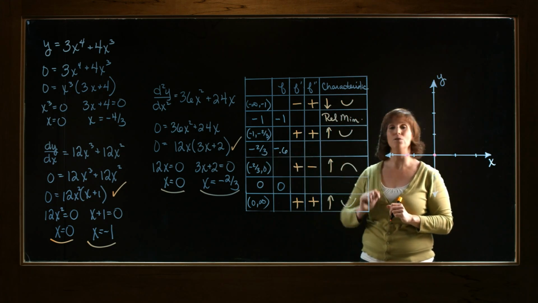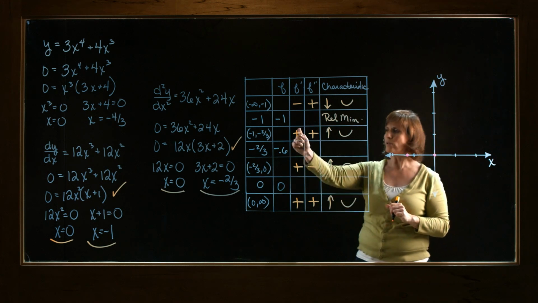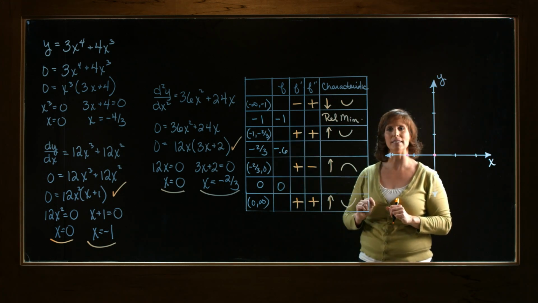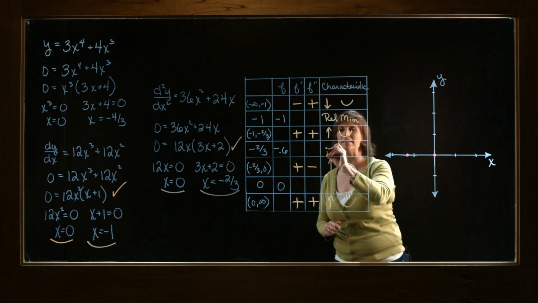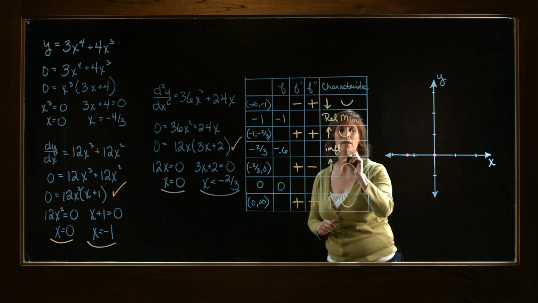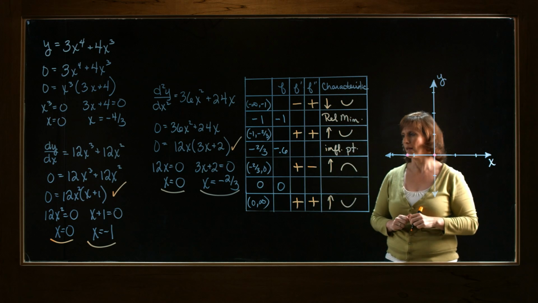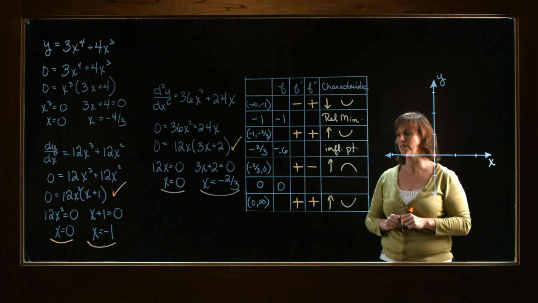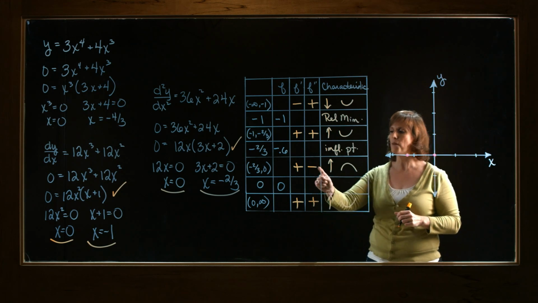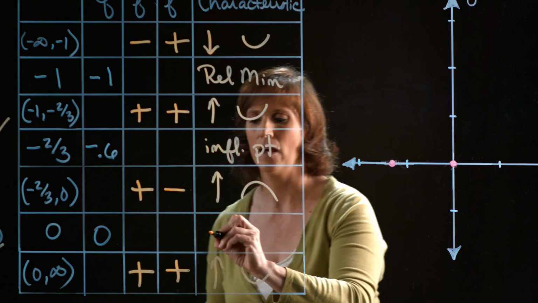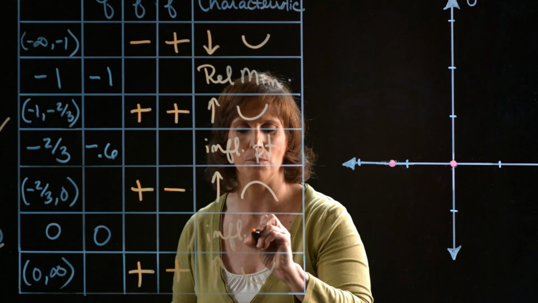At the point -2/3, -0.6, notice no change in the increasing-decreasing nature, but there is a change in concavity. That makes it an inflection point. And then finally, at the point 0, 0, again, it's strictly increasing here, so there's no change, but there is a change in concavity, which makes it another inflection point.